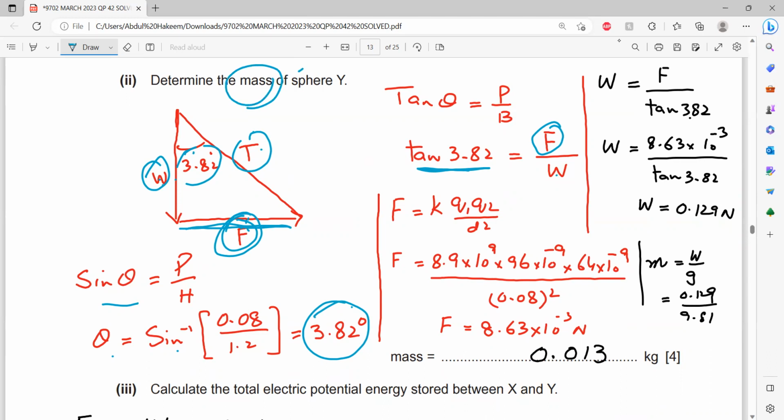Now, this electric force is actually 1/4 pi epsilon naught, or just K, times Q1, Q2 over D square. K constant means 1/4 pi epsilon naught, whole value is 8.9 times 10 power 9. First charge is 96 nano, other is 64 nano, mutual distance this square. So this is the electric force.